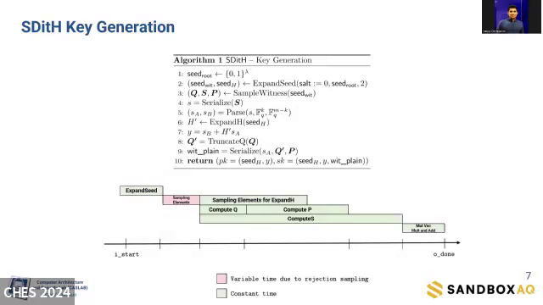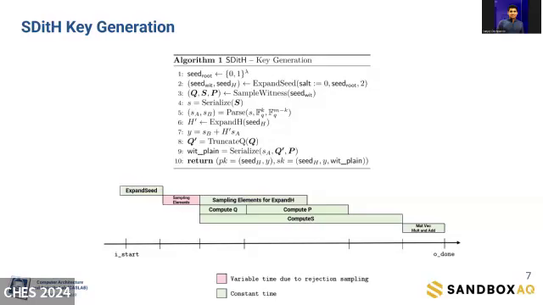Like any digital signature scheme, SDitH also has three primitives: key generation, signature generation, and signature verification. Here is the algorithm for key generation, and below that is the scheduling that we use in our hardware design. As we can see, key generation allows some algorithmic-level parallelizability that we could take advantage of in our hardware design.